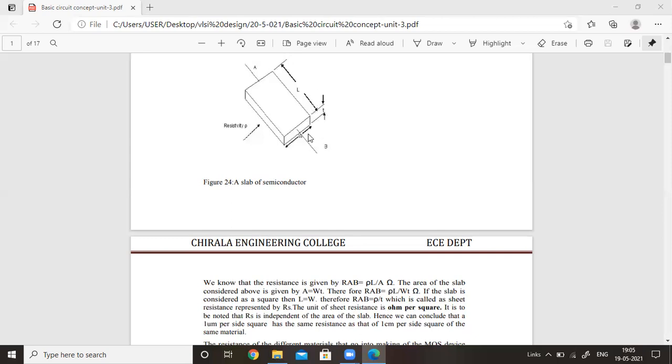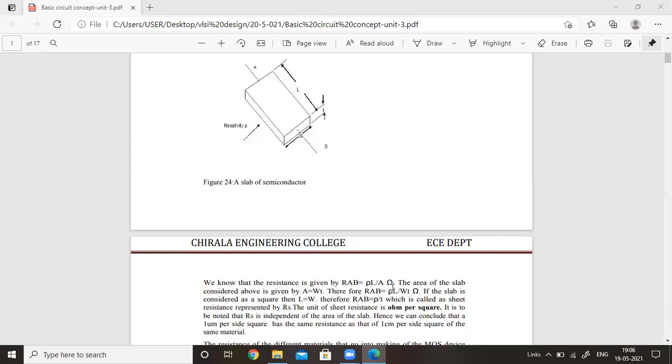If you substitute A equals W into T in R suffix AB, what will we get? R suffix AB is equal to rho L by WT, and the unit is ohms. You got one equation now: R suffix AB is equal to rho L by WT.